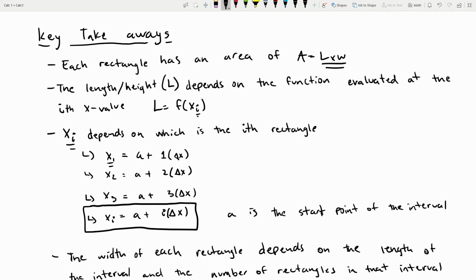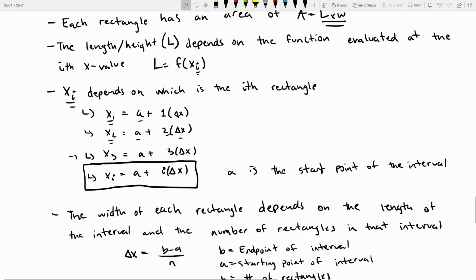The x of the first rectangle will be at the start point plus only 1 times the width of the rectangles. But the x value of the second rectangle will be the start point plus 2 times the change, or the width, of the rectangles, and likewise for the third one.